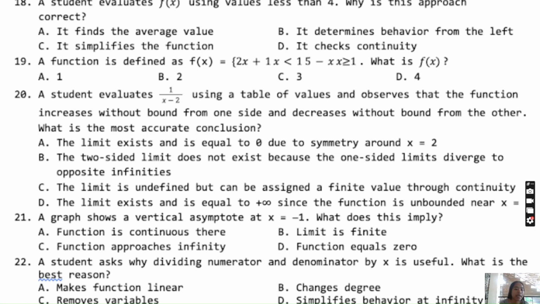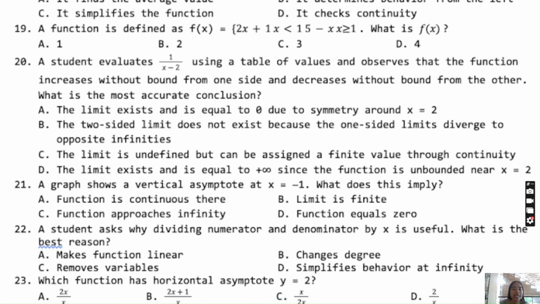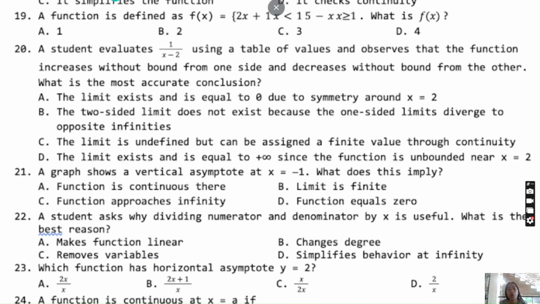We are now in number 19. A function is defined as f of x is equal to 2x plus 1 if x is less than 1, and minus x if x is greater than or equal to 1.